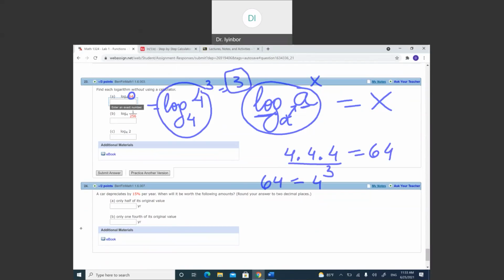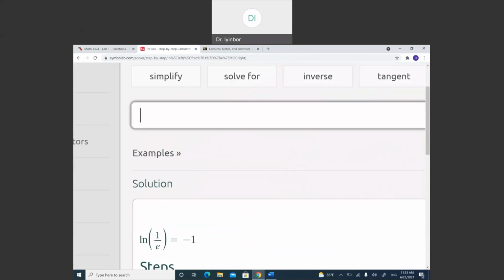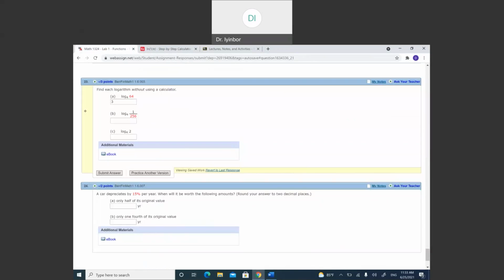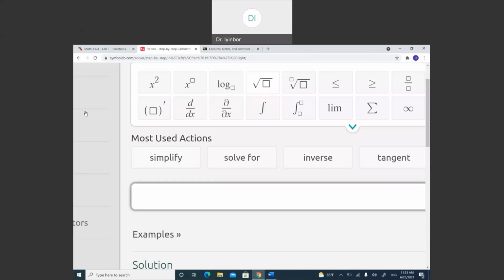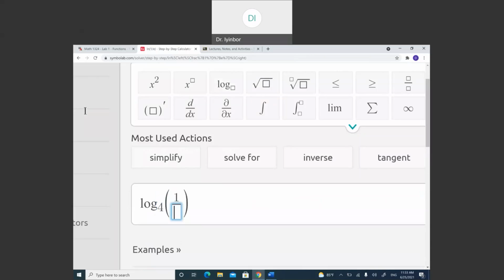Okay, then the next one, the same way. 256, you change it to 4 with exponent, and then because it's in the bottom, it's going to be a negative exponent. But let me show you how to do that here. I'm showing you different ways to do that. So 1 over 256. I have logarithm with base, so I need to press on that. And then you put 4 down, and then here put 1 over 256 like that.